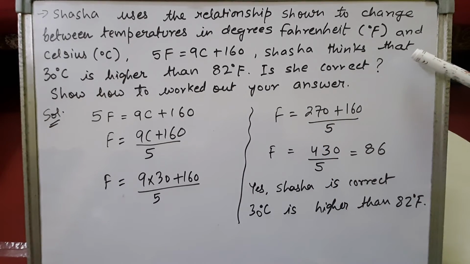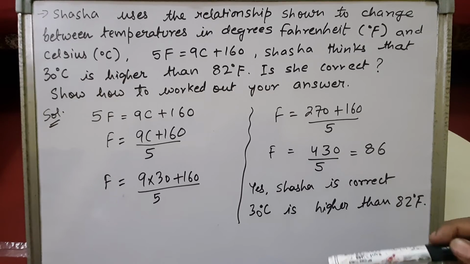Sasha thinks that 30 degrees Celsius is higher than 82 degrees Fahrenheit. Is she correct? Whether 30 degrees Celsius, as she is saying, is higher than 82 degrees Fahrenheit. We have to find out and show how to work out the answer, so we have to show the working.